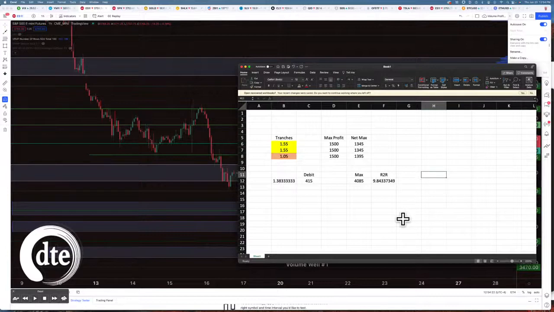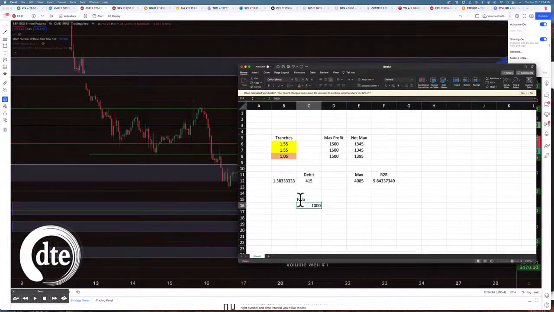So this is kind of what I keep track of while I'm trading. It's really all I care about. Do I have a good risk to reward? Have I stayed under my total cost? My max cost here, let's say, is $1,000. That would be my max.